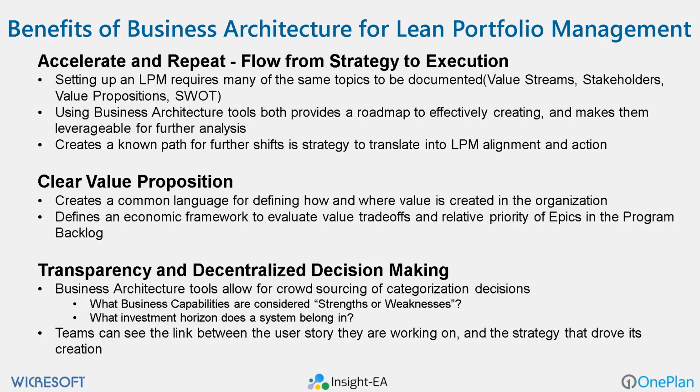It gives you that path and that roadmap of following changes in strategy through to the portfolio of action that needs to happen and be aligned inside of your lean portfolio management. So using those tools and best practices helps you to accelerate getting there, but also it makes it repetitive so that you have that known path that you can follow and go through each time you have a shift in strategy or a shift in market, a shift in situation.